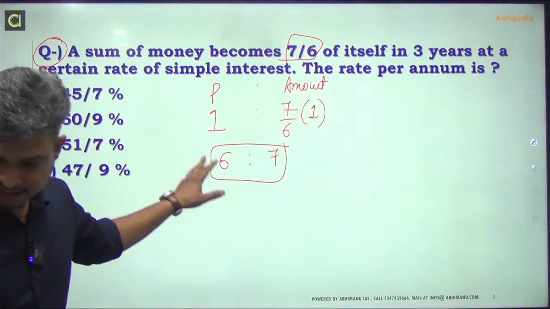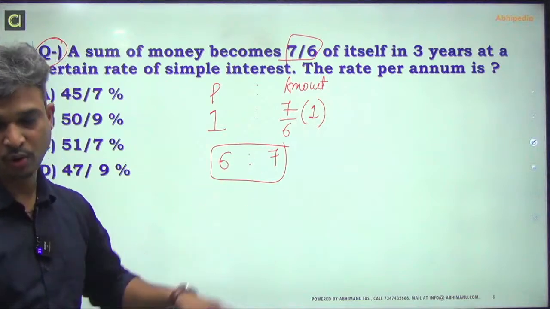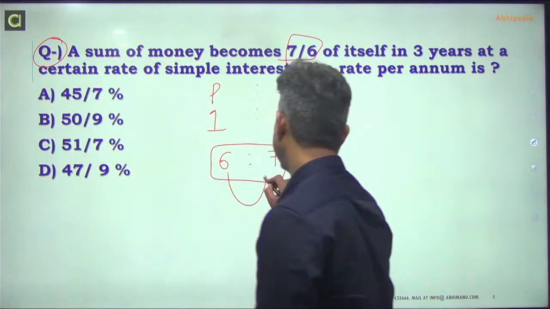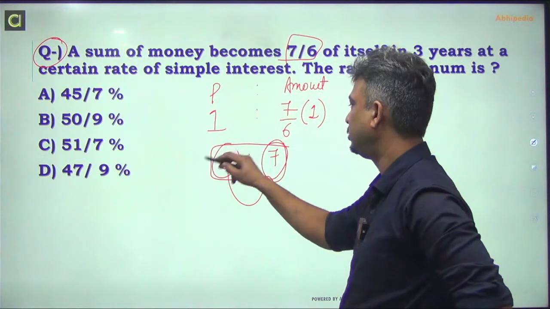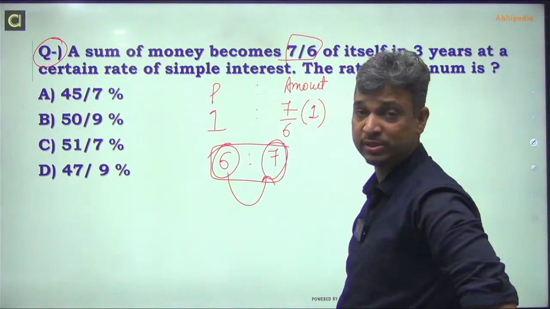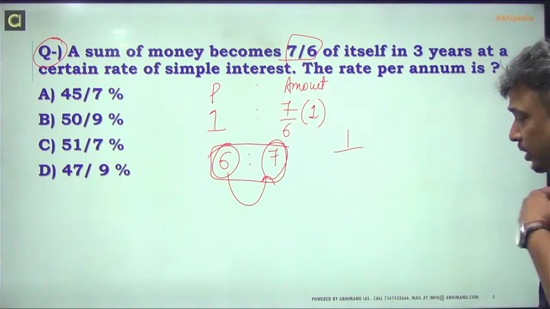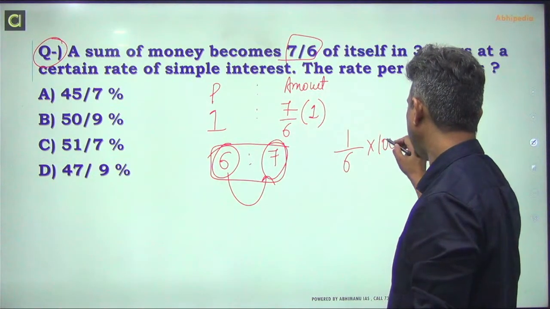Students, is this point clear to all or not? So you can say that how much interest we are getting. The amount becomes 7, but the initial value was 6. So we are getting 1 as the interest out of 6, into 100%.